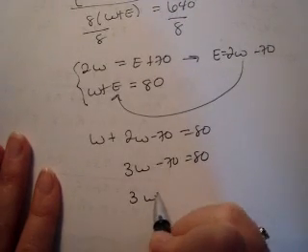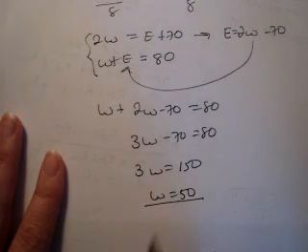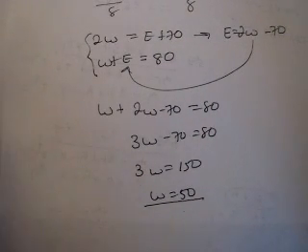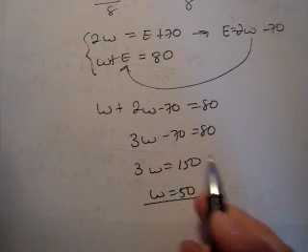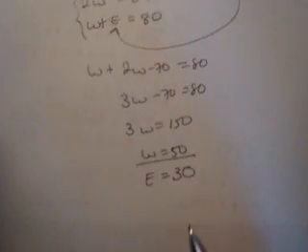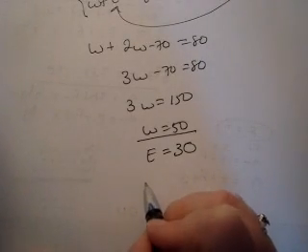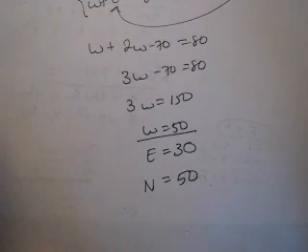So I get 3W equals 150, or W equals 50. Now I back substitute, that's what we call it, back substitute, to figure out that if W is 50, it turns out that E is 30. You guys will have to trust me on that. And then when you back substitute one more time, you get that N is equal to 50.